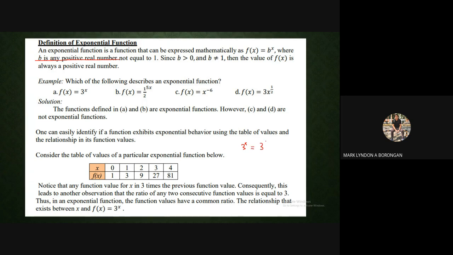When x is equal to 0, if 0 is our exponent, it is just 1. And when our exponent is 1, that is 3. If we have 2 as our exponent, you'll have 9. That is how you make a table of a certain exponential function.